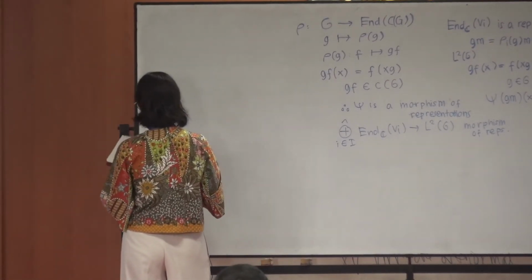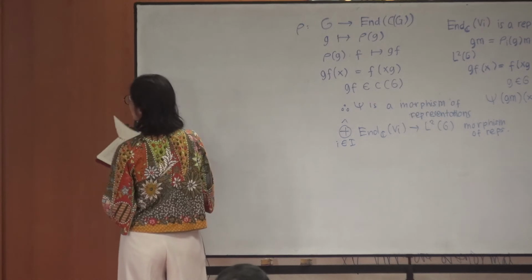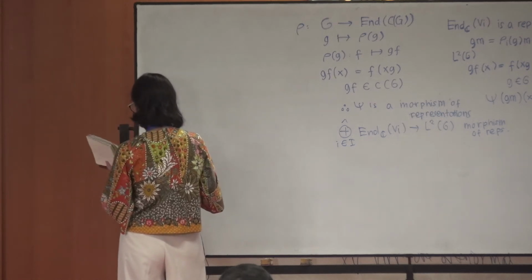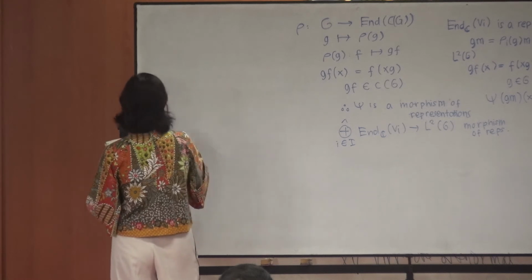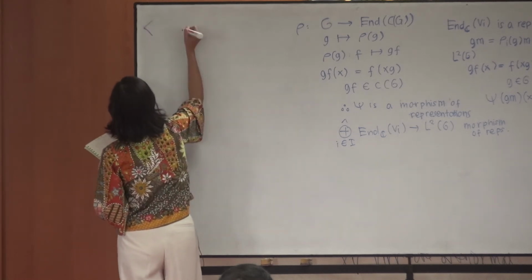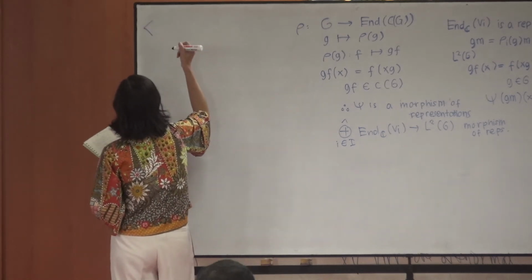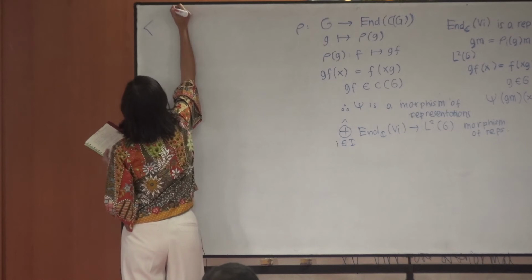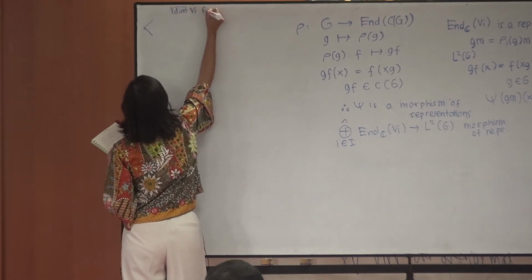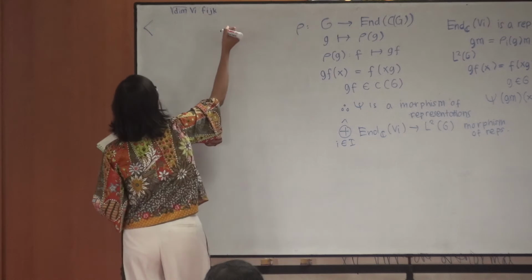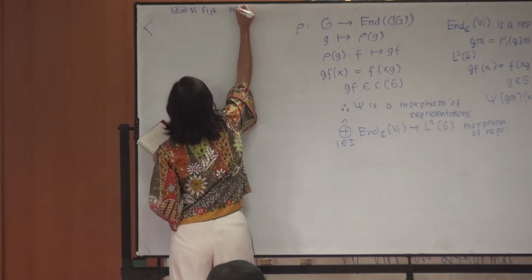So the idea is now we want to compute this, so we want that the square root of dim Vi times Fijk is an orthonormal basis.